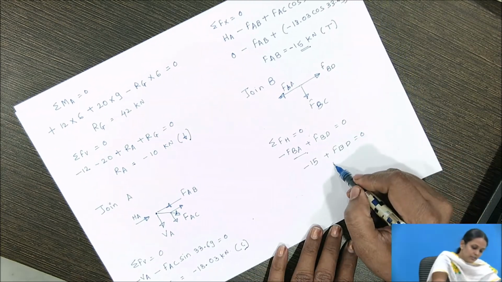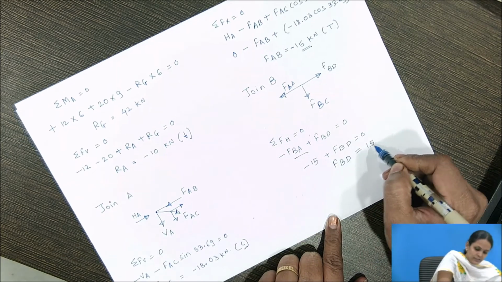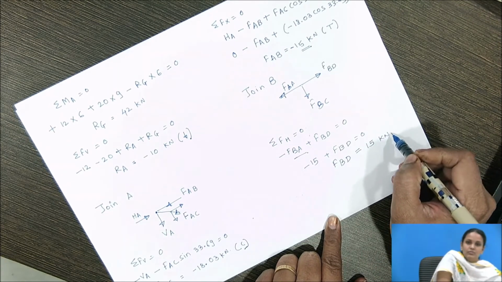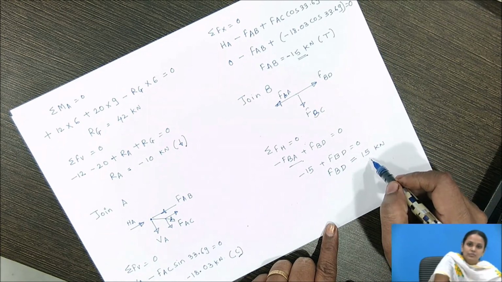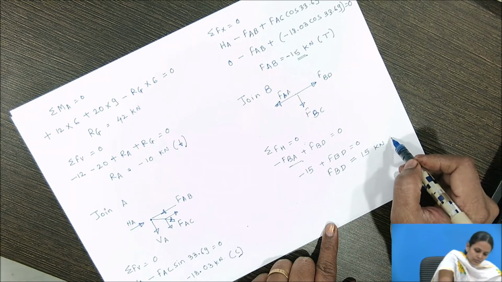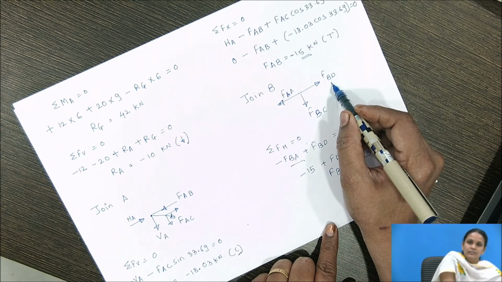So here you will get the force in BD is equal to 15 kilonewton. So here we got the positive value, so the nature of force BD is tensile as we have assumed.